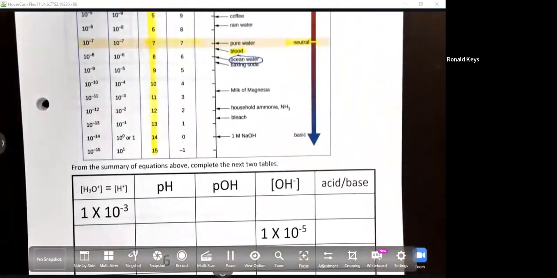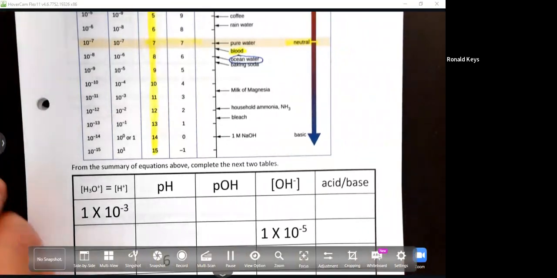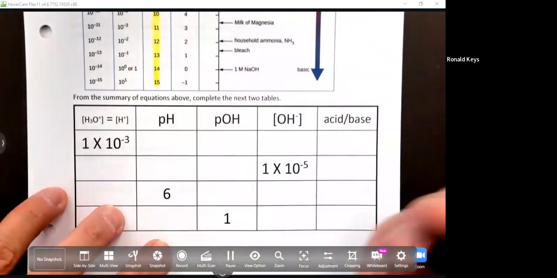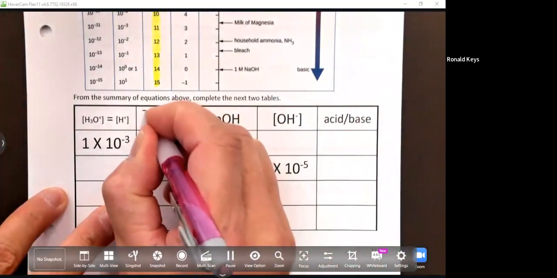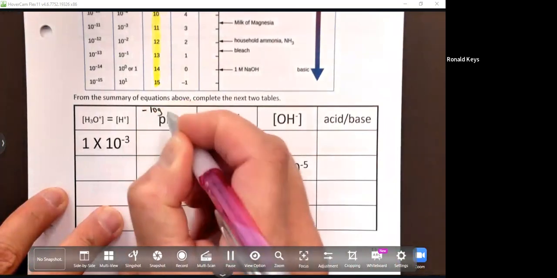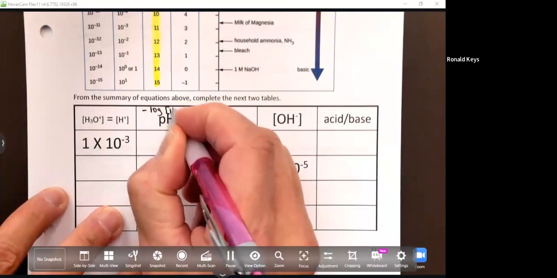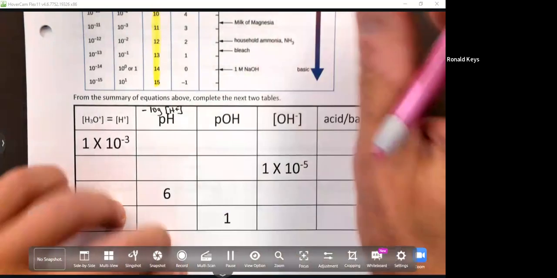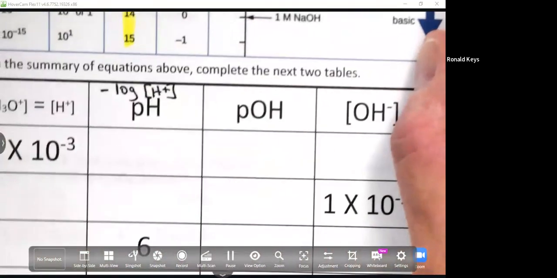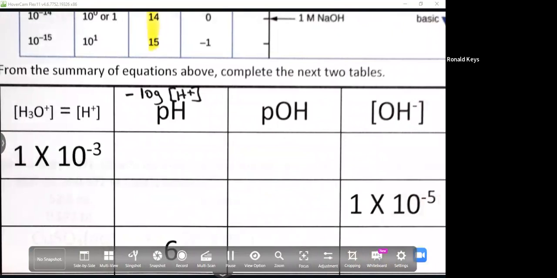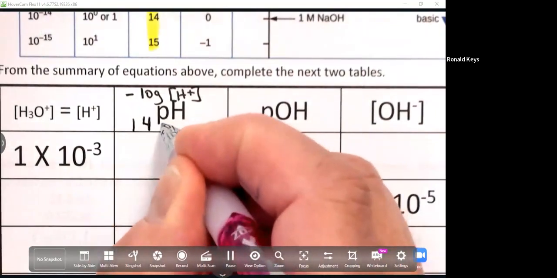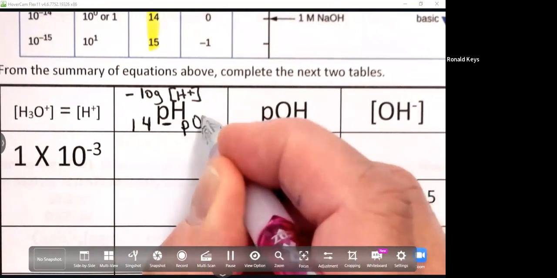So let's go to the bottom of page 11. pH is going to be the negative log of H plus, right? Negative log of H plus. That's one way to do it. The other way to do it is to take 14 minus the pOH.